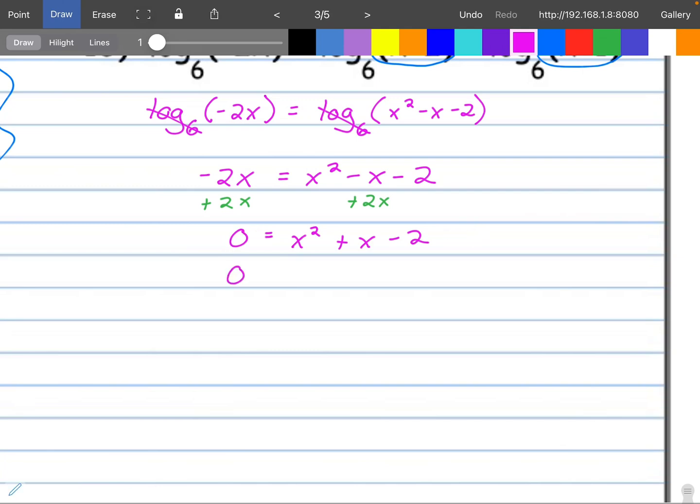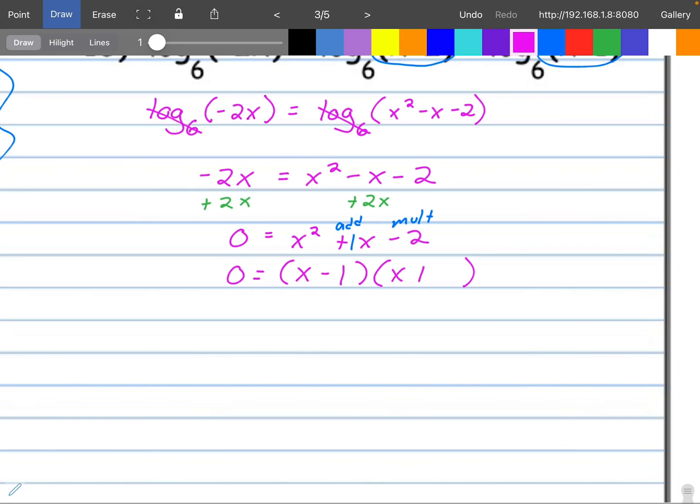It doesn't matter. Whatever makes you happy. All right, so when we go to factor this, we know that we are going to have x as the first term in each because x times x is x squared. However, we need to figure out what multiplies to give us negative 2 and adds to give us a positive 1. So that's going to be a positive 2 and a negative 1.